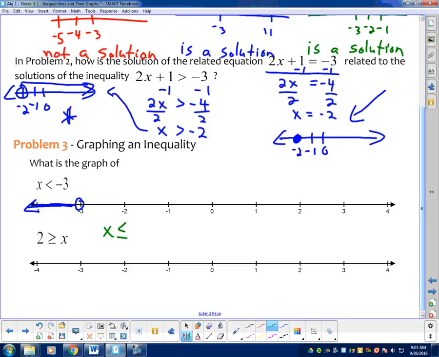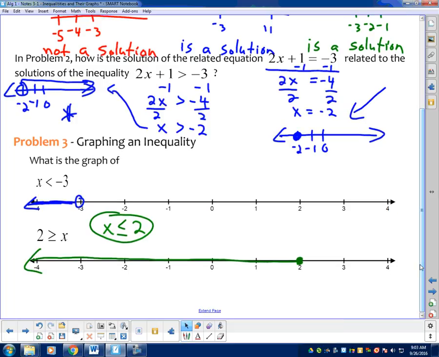So this one has the inequality symbol pointing at the X. It's still pointing at it when I rewrite it. So now this can be used to graph it. Locate 2, closed circle there. X is less than or equal to 2, would go that direction. So just go ahead and write it with the variable on the left, and then you can use that kind of like your arrow pointing the direction to go.